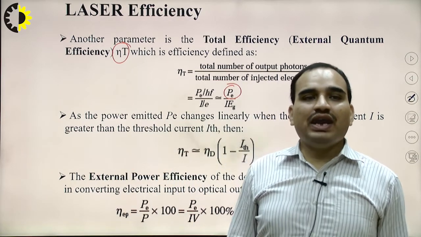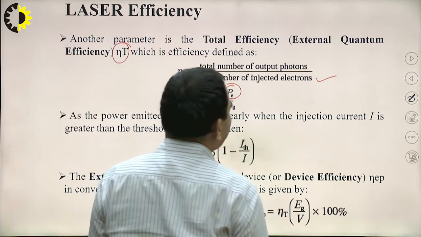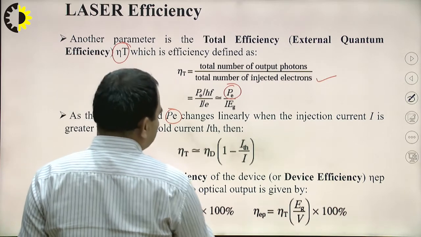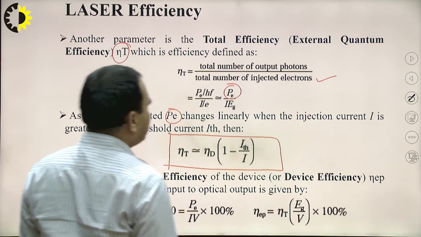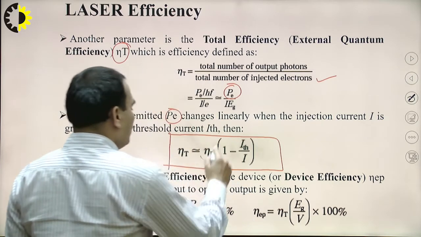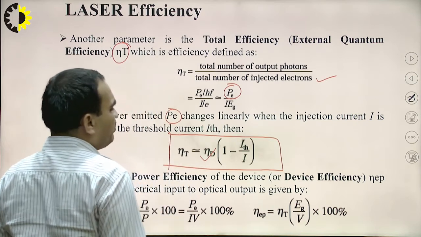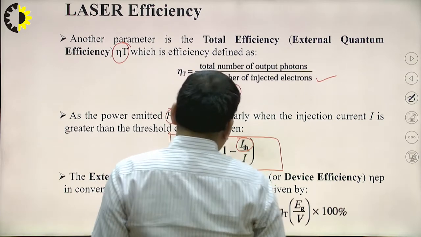As the power emitted Pe changes linearly when the injection current I is greater than the threshold current Ith, the total efficiency eta t is approximately equal to the differential quantum efficiency eta d times 1 minus Ith by I.